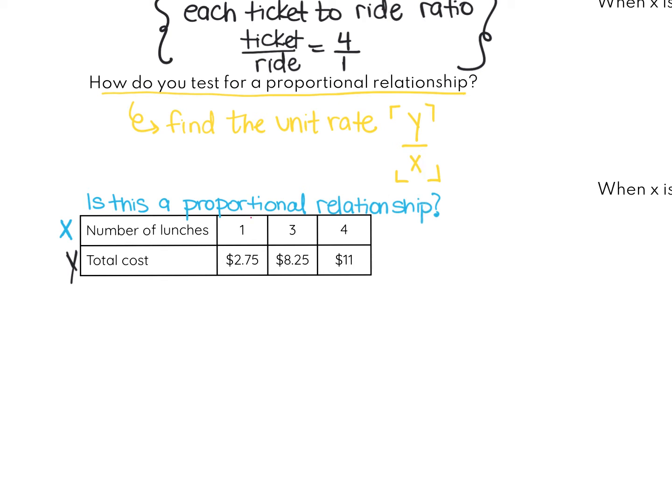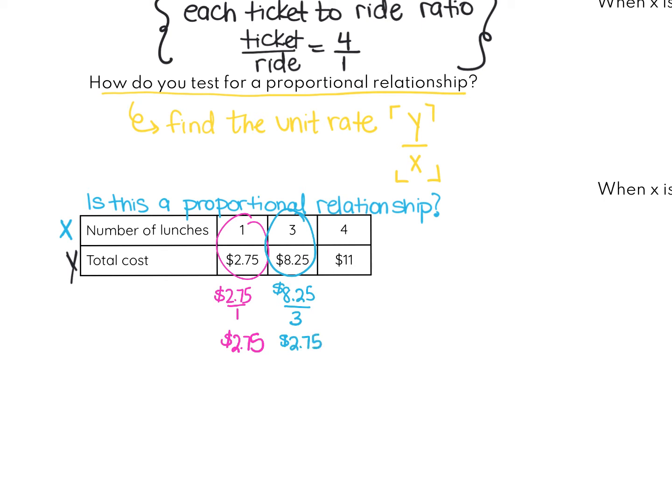Let's take this first pair right here. 275 divided by 1 is going to give us 275. It's 3 lunches in 825. Well, let's take our y, 825, and divide that by 3. When I do that in my calculator, I get 275 also.